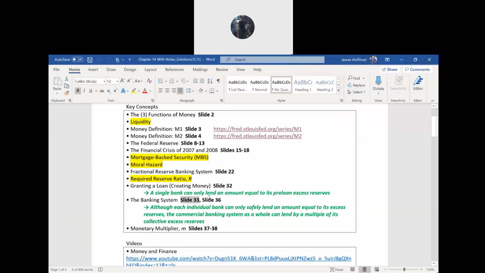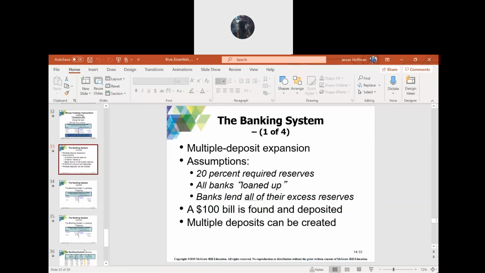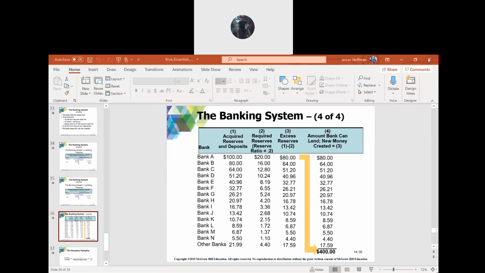And if we look at slide 36, this is a nice one. If you can see this here, this illustrates the example of creating the multiple of money, not just the excess reserves from one bank. So let's start here.